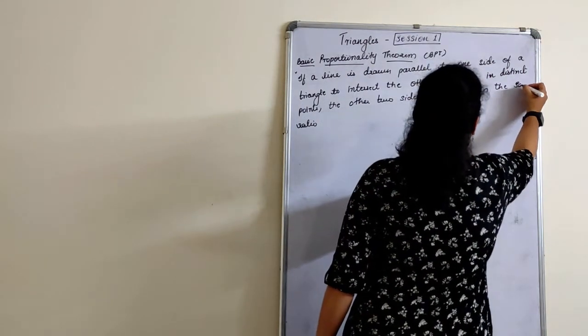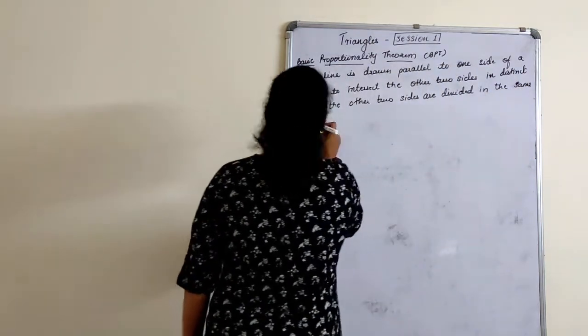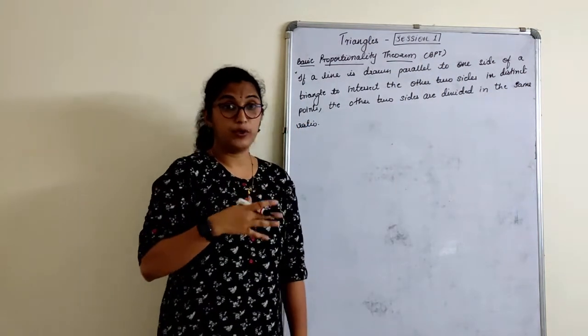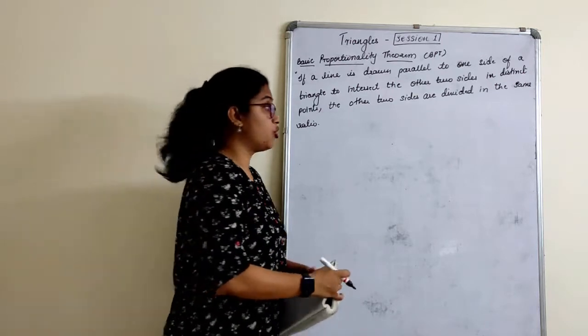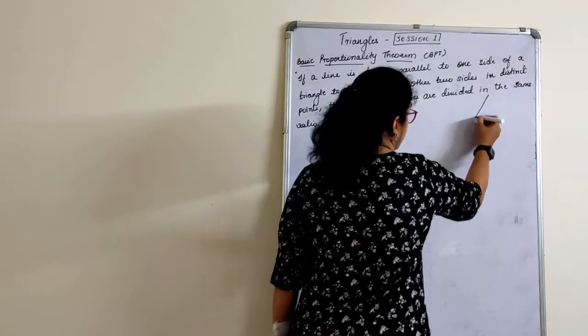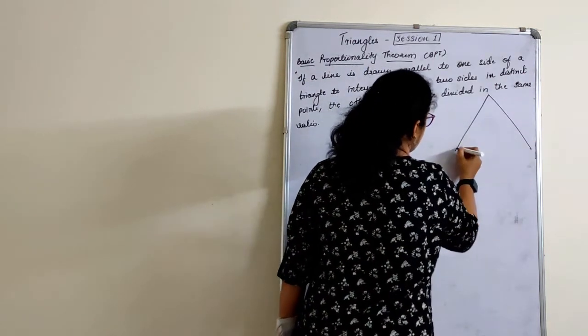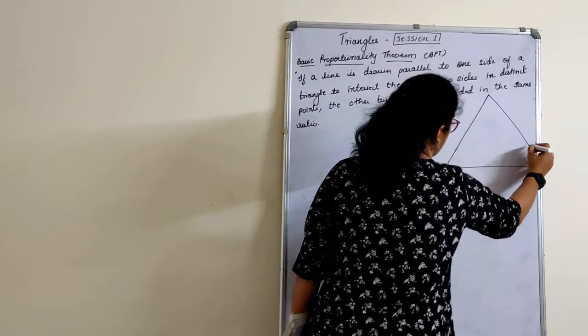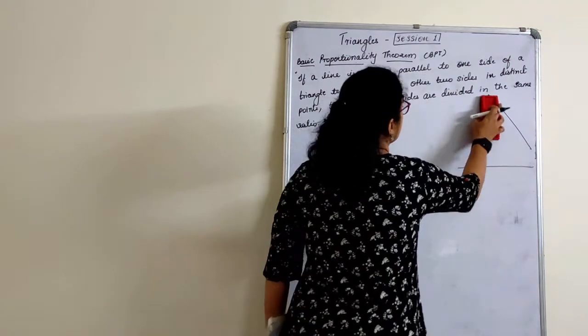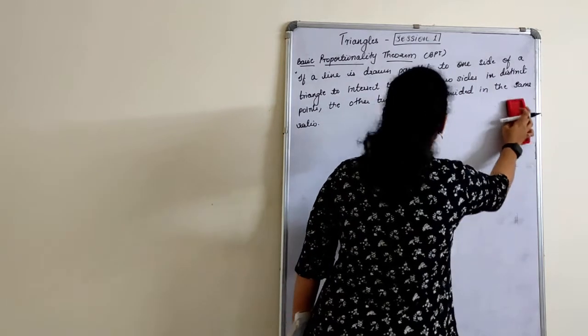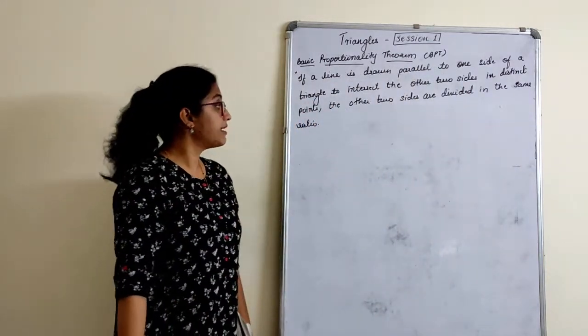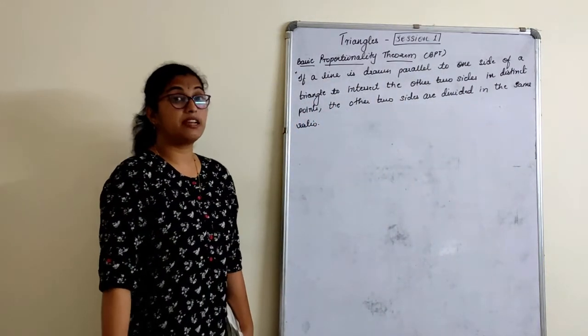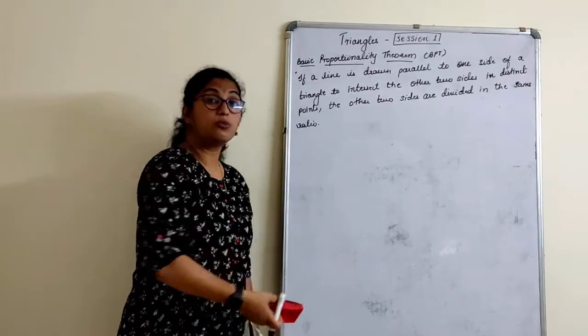In the same ratio. In simple terms, if a line is drawn parallel to a side of a triangle, now what we'll do is, the statement you all will write. I will run the statement because I need the whole board to prove the theorem.